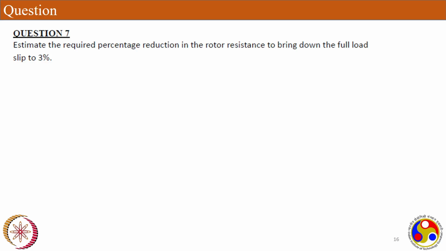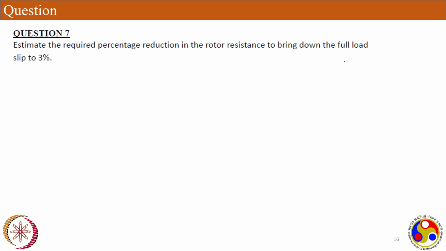So we were asked to estimate the required percentage reduction in the rotor resistance to bring down the full load slip to 3%. Now we were given some new full load slip, and we need a ratio between the rotor resistances.